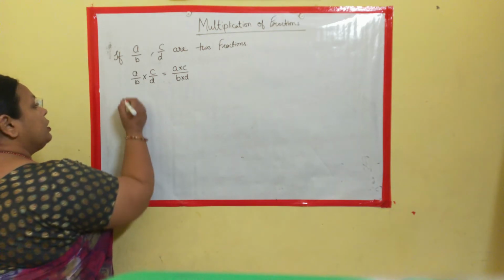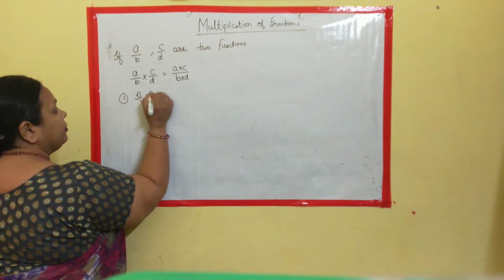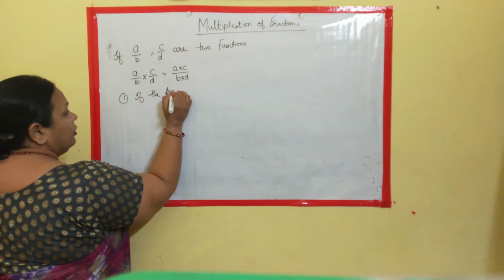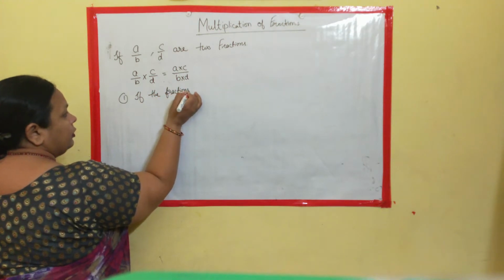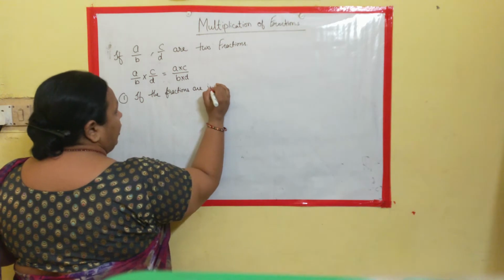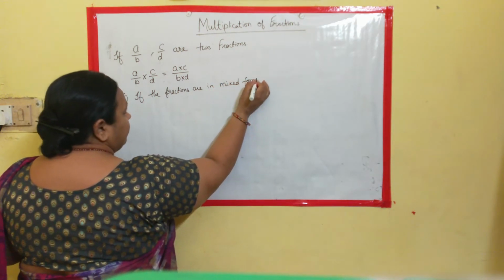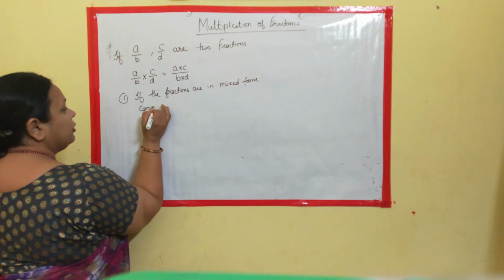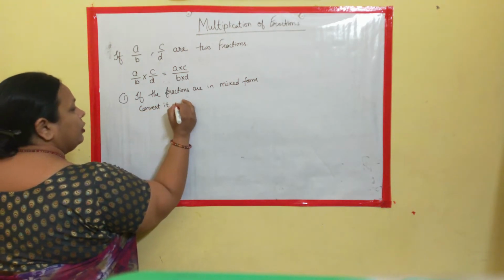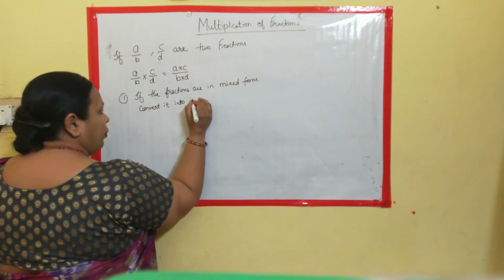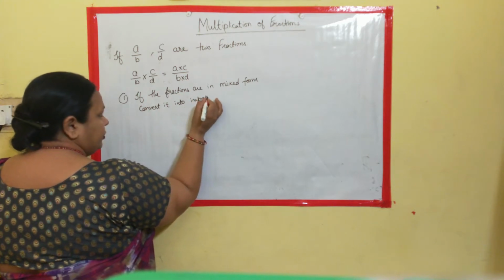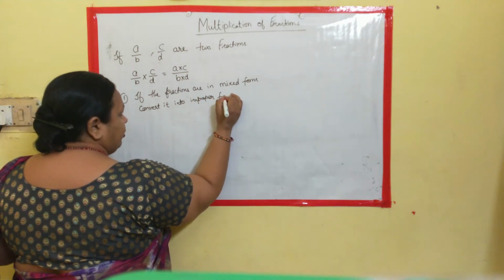The first one is, if the fractions are in mixed form, convert it into improper fraction.